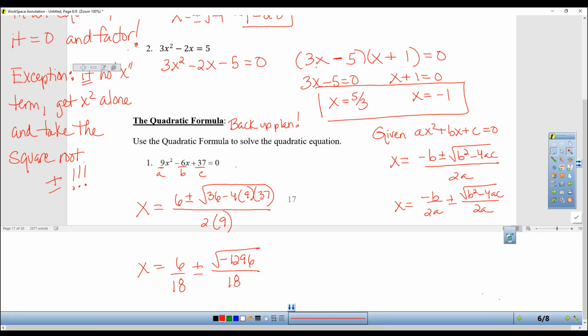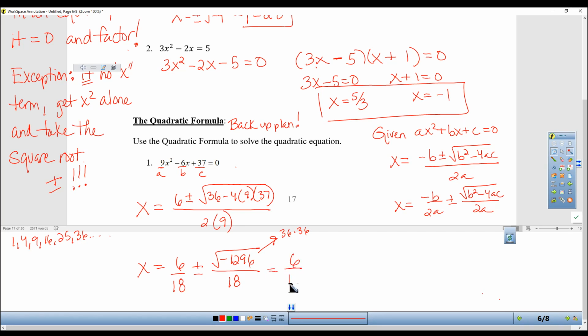To the 1/2, it is 36 times 36. If it hadn't been a perfect square, I would have made my list: 1, 4, 9, 16, 25, 36, etc. And I would have seen what number went into it. But I always check to see if it's a perfect square first.